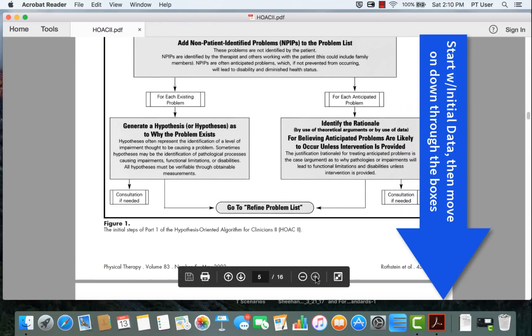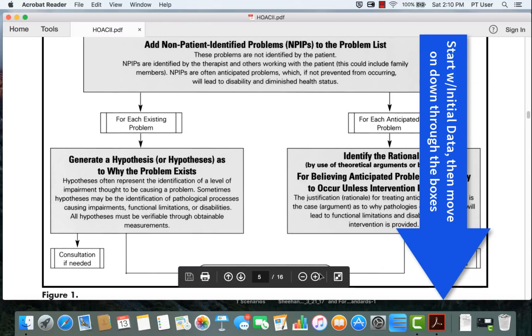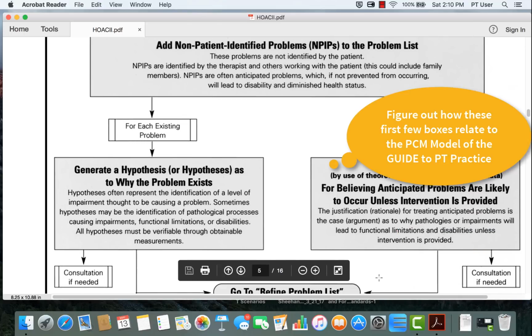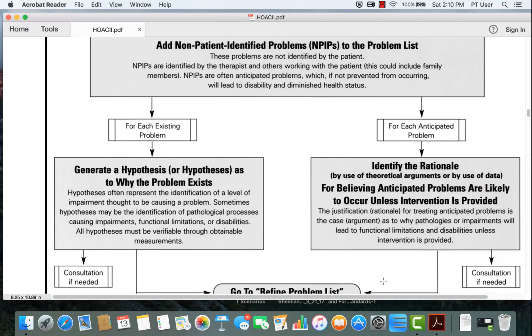Now, we get to a point where we need to begin to figure out more formally, why are they having these problems? Whether they identified them or someone else identified them, why are they occurring?